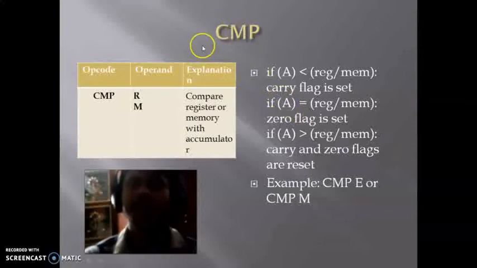Next is the compare operation, that is CMP. By using it, we can compare the content of the register, as well as the content of the memory specified by the HL register pair.